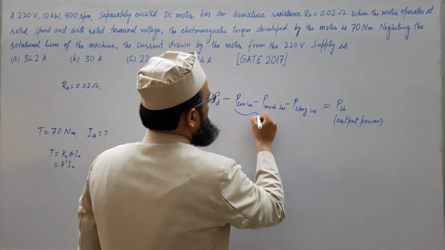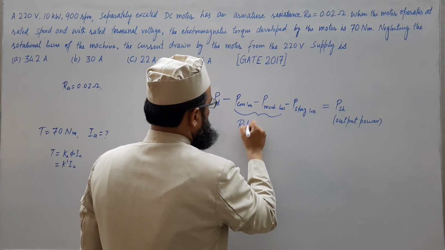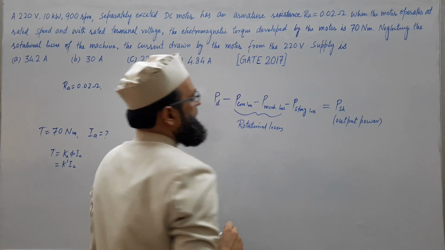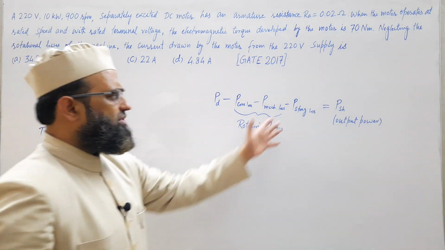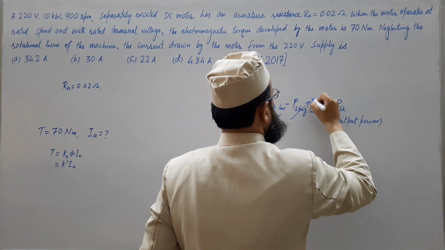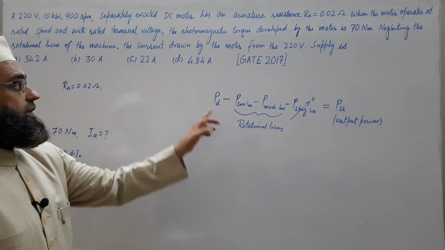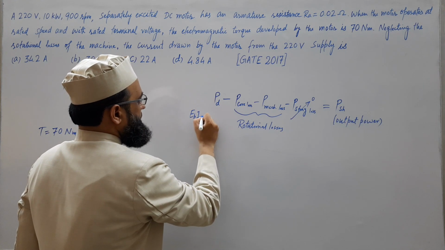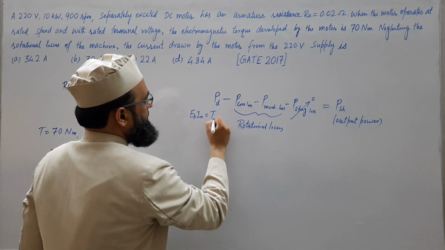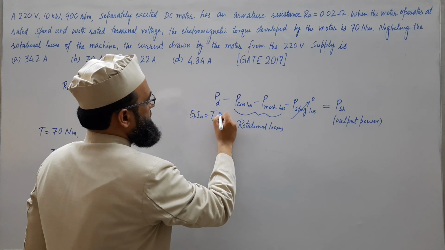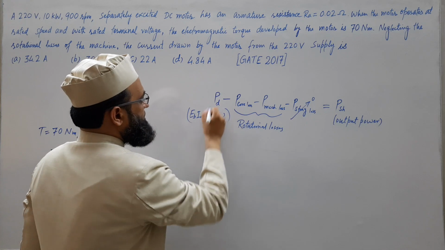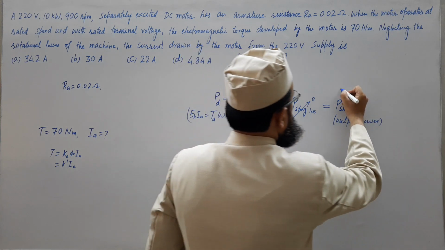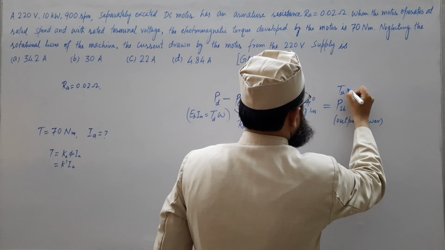So these two losses are together known as rotational losses, and if stray loss, that is miscellaneous loss, is not there, by default it is ignored. So here the corresponding developed power is nothing but EbIa, which is developed torque TD omega, right? And shaft power will correspond to shaft torque tau sh omega.